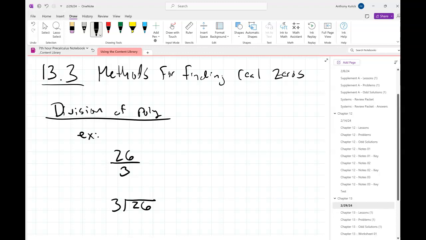How many times does 3 go into 26? 8 times, right? 3 times 8 is 24. I subtract down, and so I'd have 8 remainder 2. Everybody's okay there? So as a mixed number, I would say this is 8 plus my remainder over my divisor.